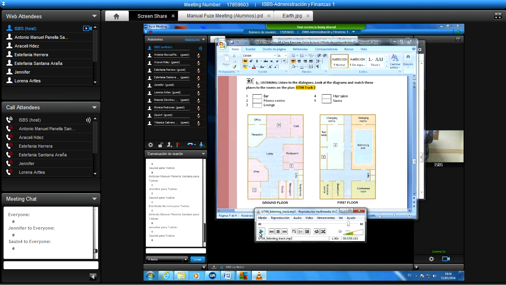And are you familiar with the vocabulary of these places? So for example, the office, reception, cafe, restaurant, lobby, okay, is like the entrance hall, the shop, the florists, the newsagent.